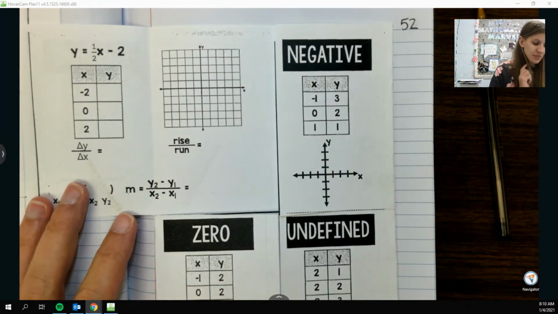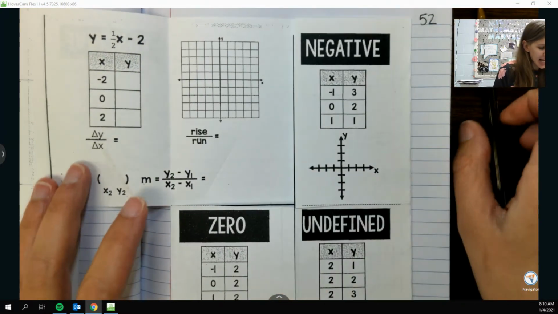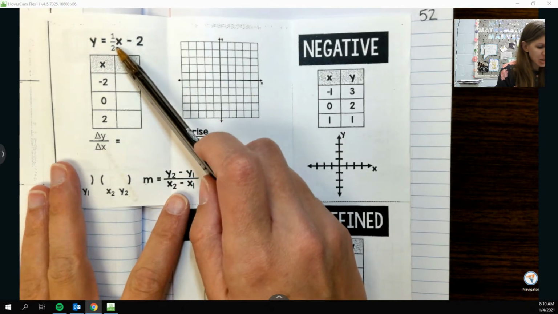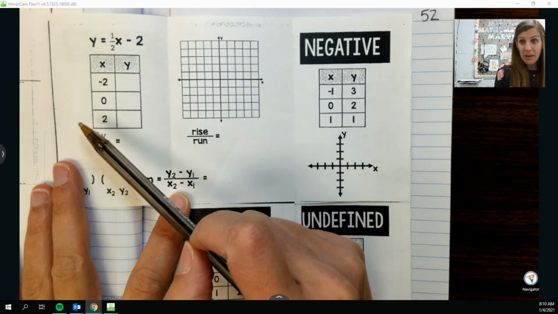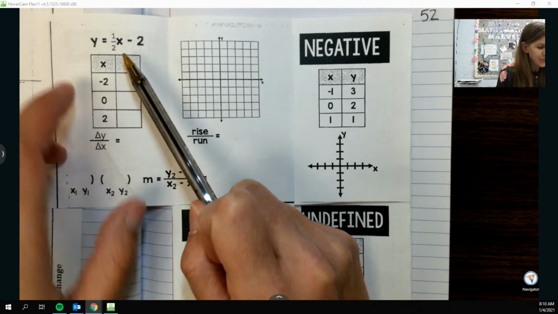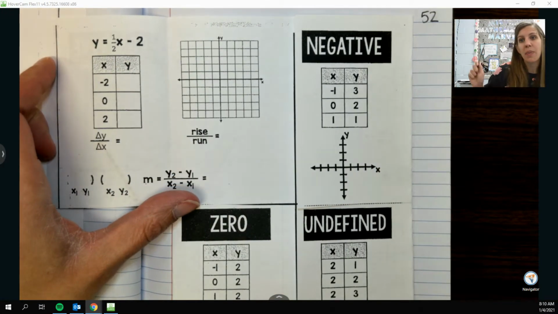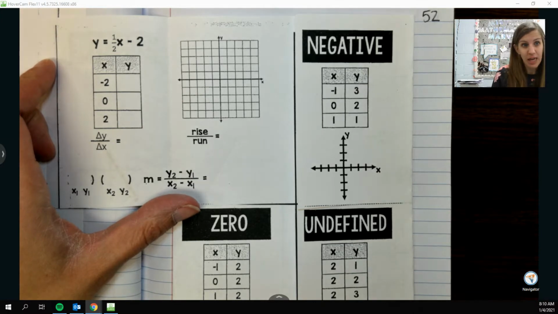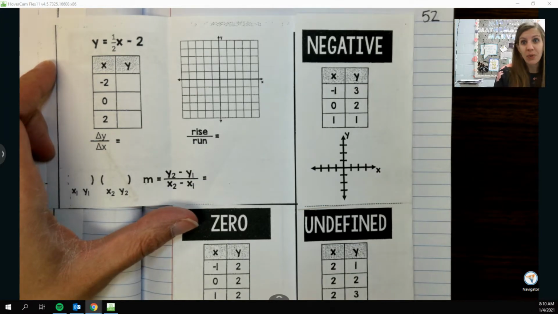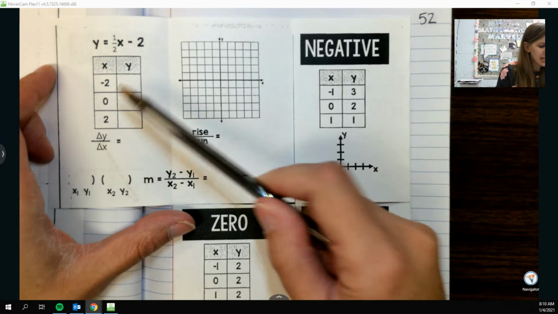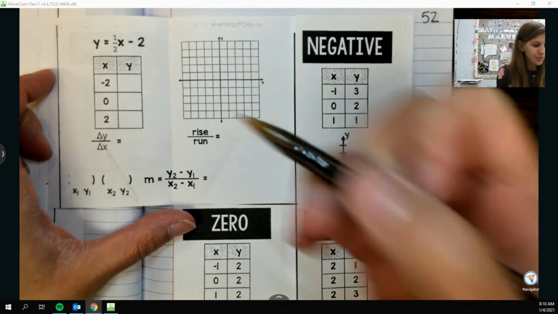Now, take a look on the inside. If I have an equation like this, I can pick some x values to plug in. And because the denominator is 2, I would want to pick multiples of 2 to plug in. So you could do like 2, 4, 6, 8. I just went with the easy ones, 2 and -2.